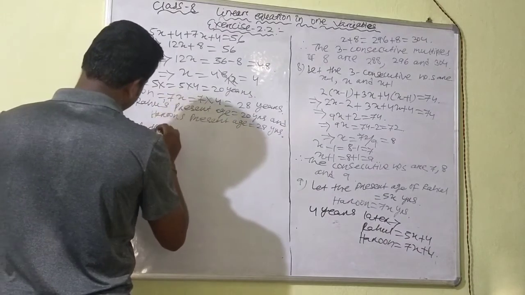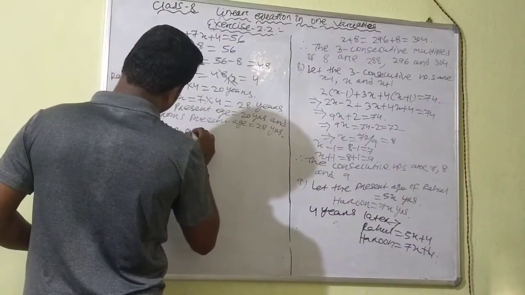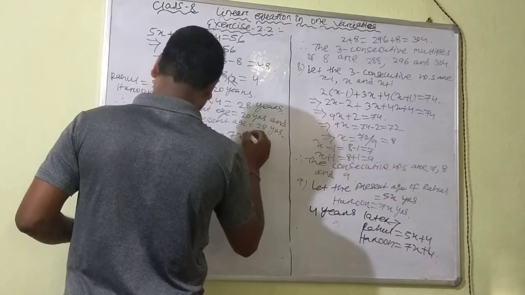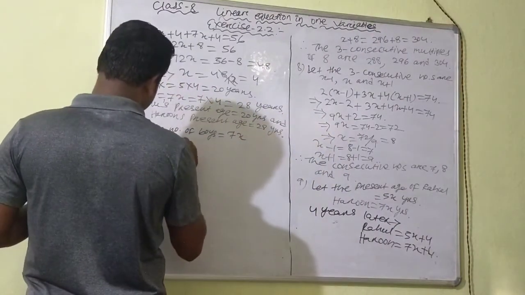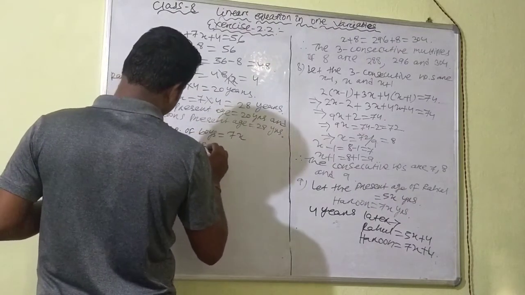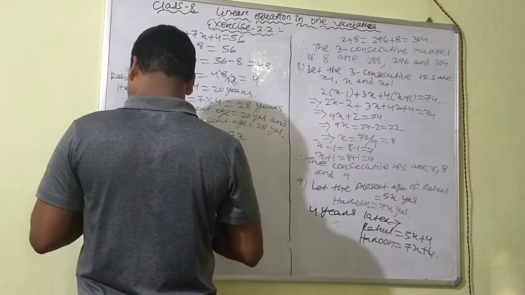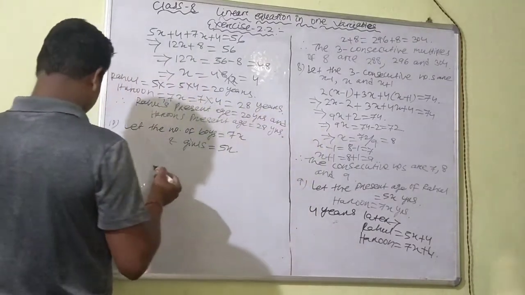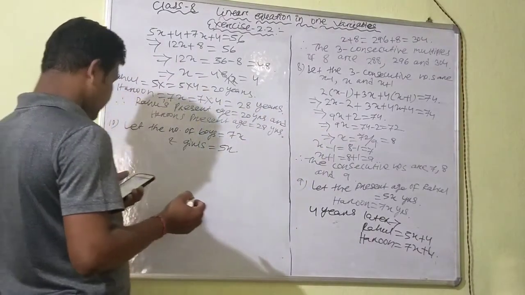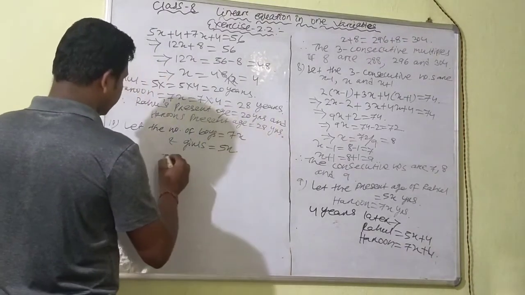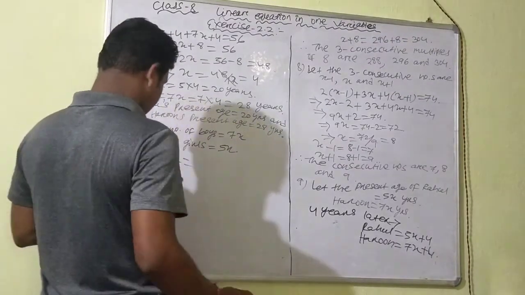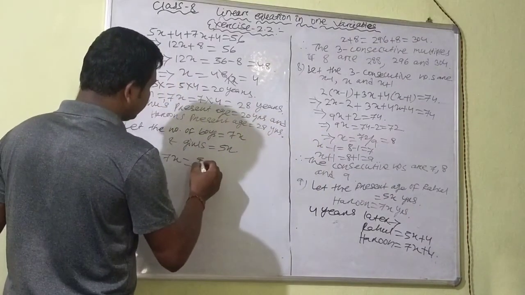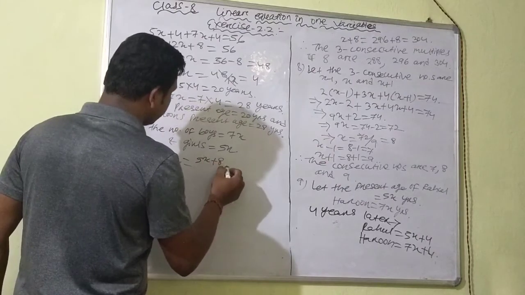The number of boys, 7x, is 8 more than the number of girls, that is 5x plus 8.